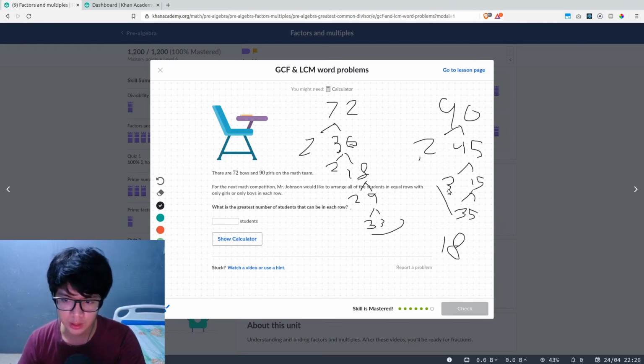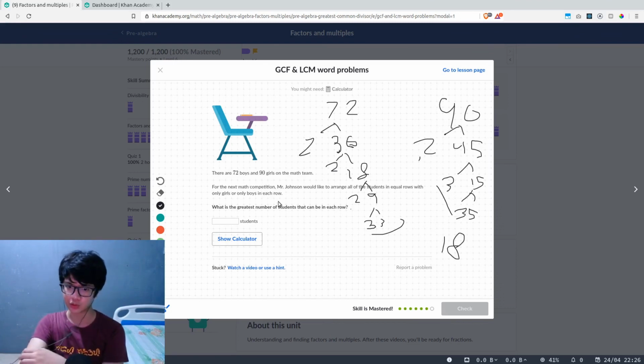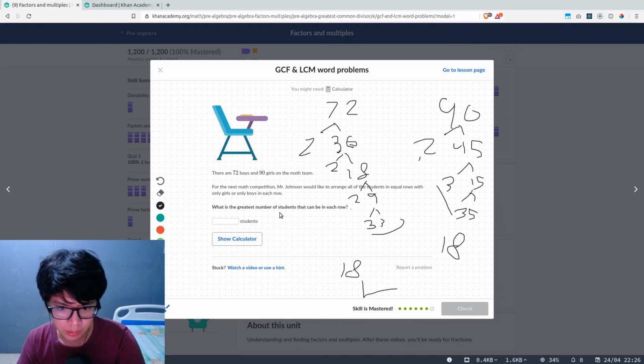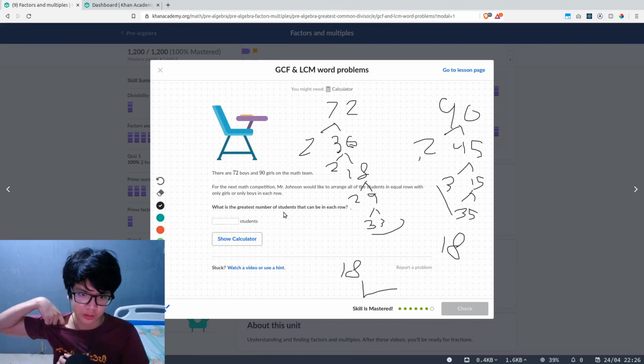3 times 3 times 2 is 18. What's the greatest number of students that can be in each row? So there would be like 18 rows, but how many in each row?